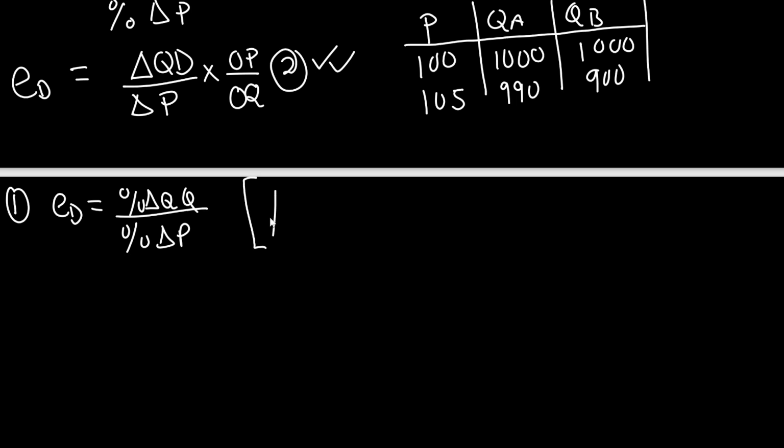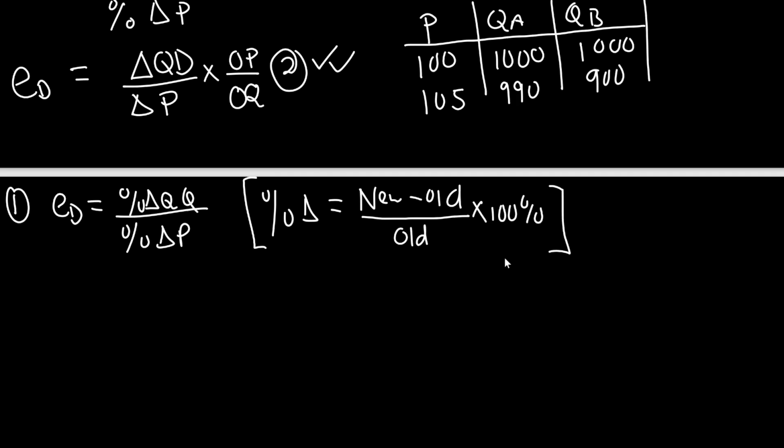For any percentage change, you're always going to take the new value, subtract the old or original value, divide by the old or original value, and multiply by 100%. That's how you calculate percentage changes, whether they're asking you to calculate inflation, GDP growth, whatever. Percentage changes are calculated using the new value minus the old, divided by the old, multiplied by 100%.